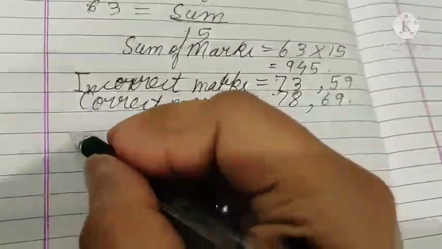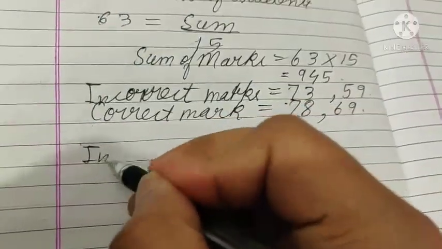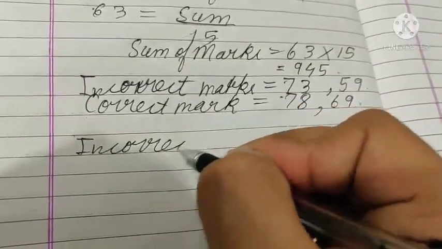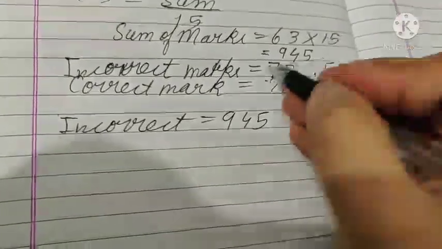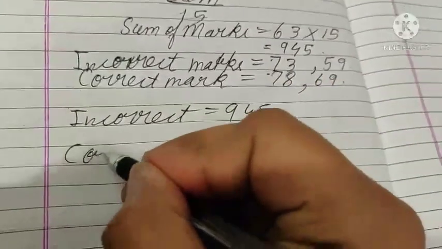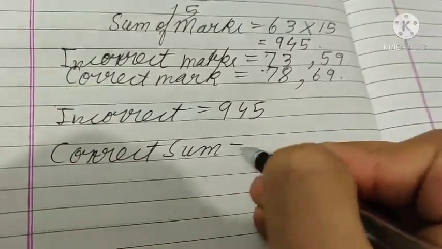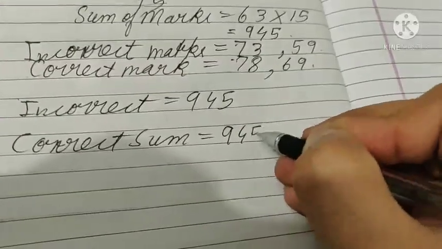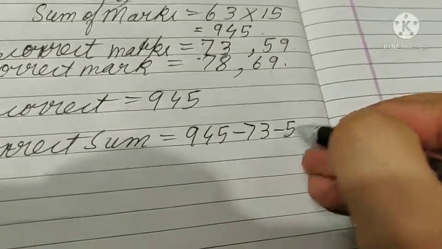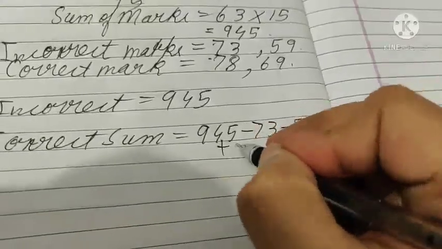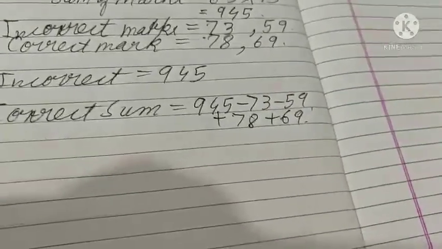So what will we do? This is the incorrect sum. The incorrect sum came out to be 945 because in this we have taken two wrong quantities. So what will be the correct sum? Correct sum will be equal to incorrect sum minus the wrongly taken quantities, and we will add the correct quantities.